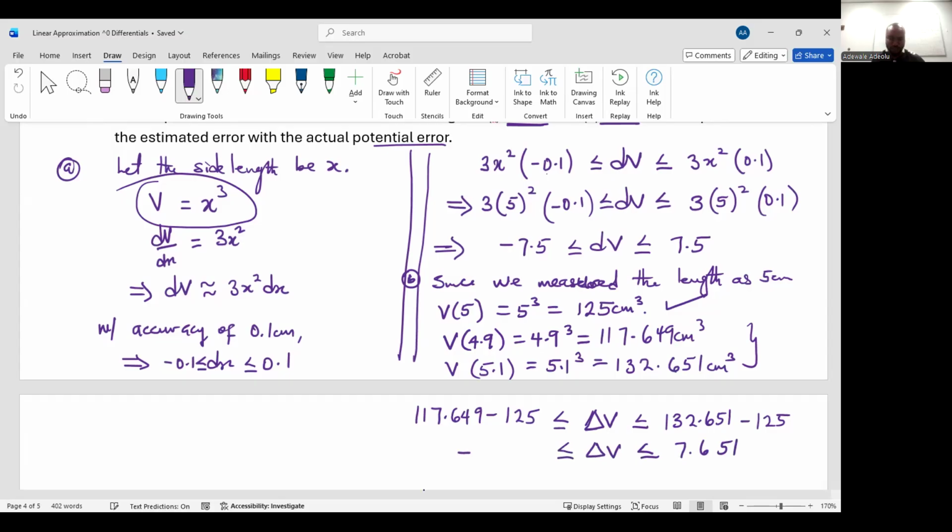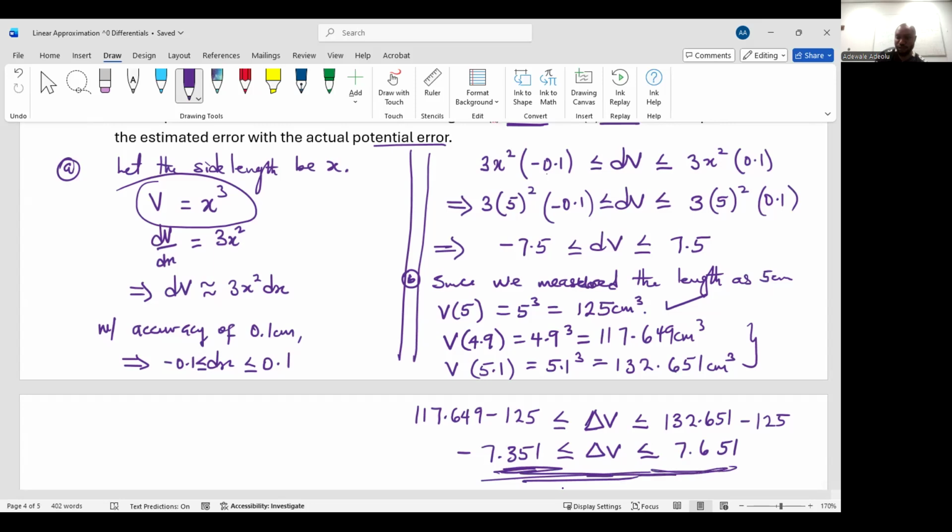So here we have negative, let's see, 117.649 minus 125. So that is negative 7.351. So this is the actual change in volume, without using calculus.